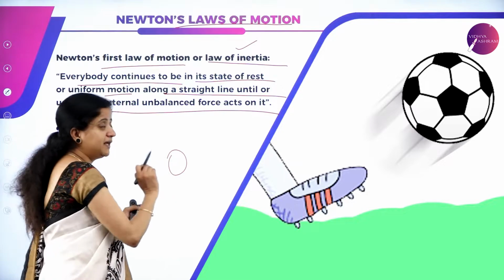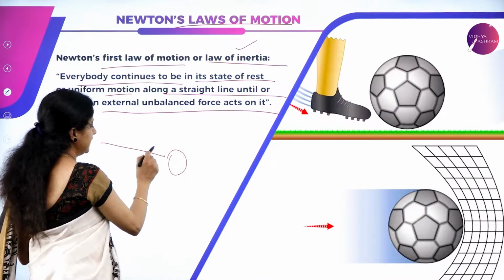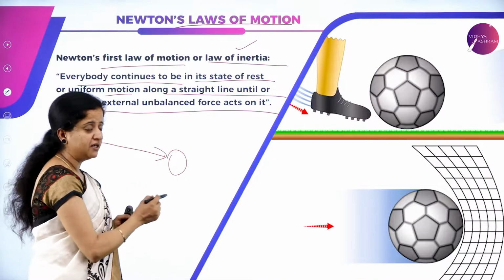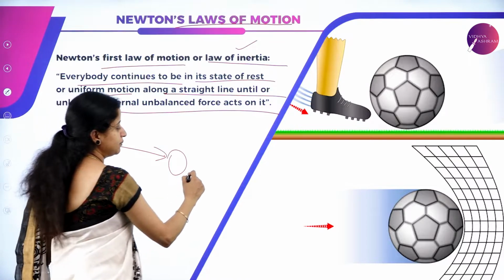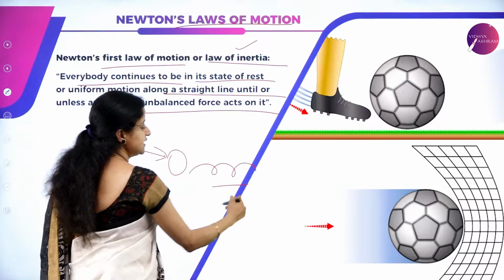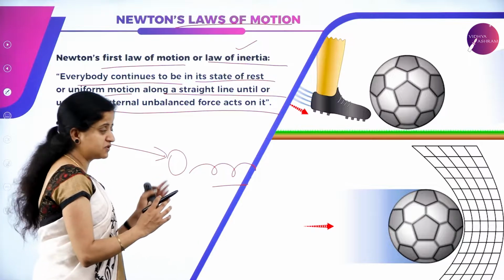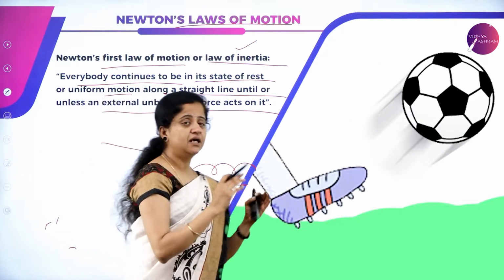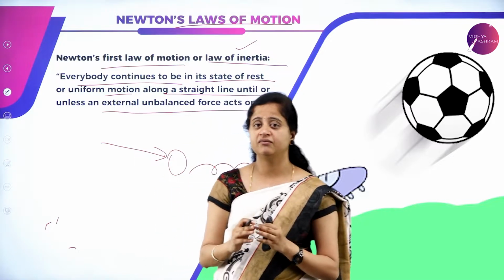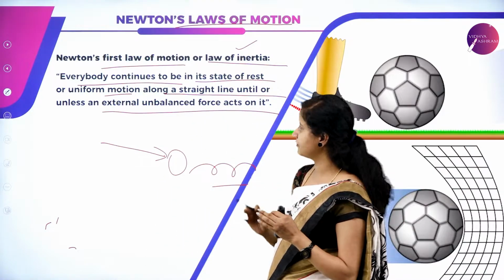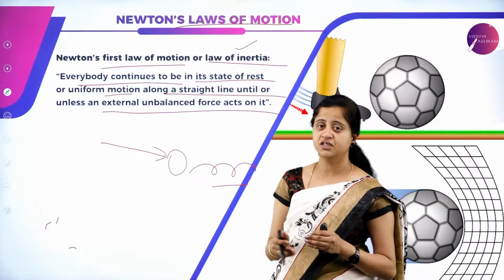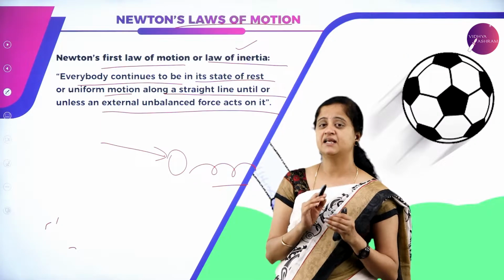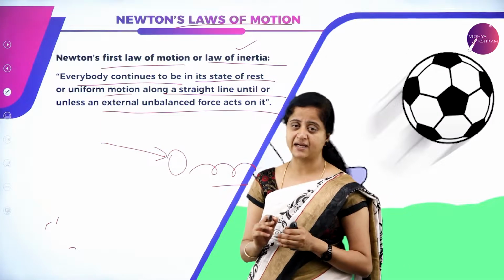It will stay at rest until an external force is applied. When the external force is applied, the ball will roll and change its state from rest to motion. So the first law is saying that every body in the universe will be in a state of rest or uniform motion until and unless an external unbalanced force acts on it.